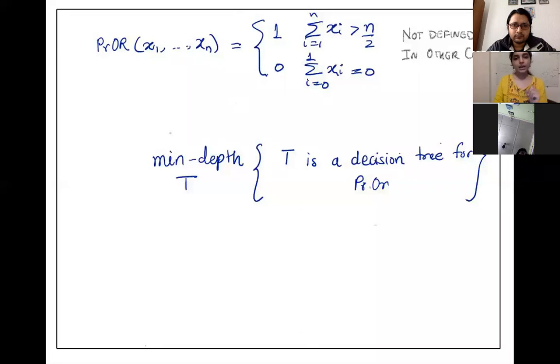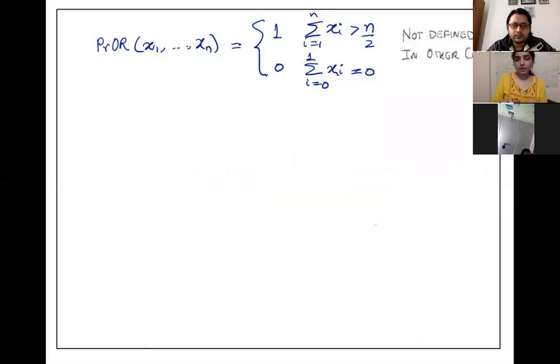And we are asking what is the minimum depth decision tree that computes this function. By that I mean, when the tree terminates, when all the leaves are labeled, it correctly computes for every valid input it receives, it correctly goes to a leaf whose label is exactly what the function would have labeled that input to be.